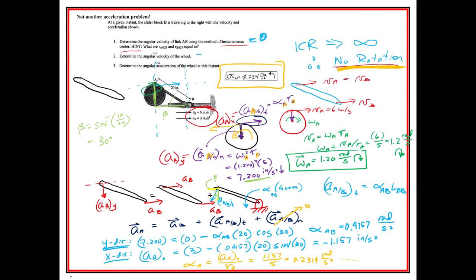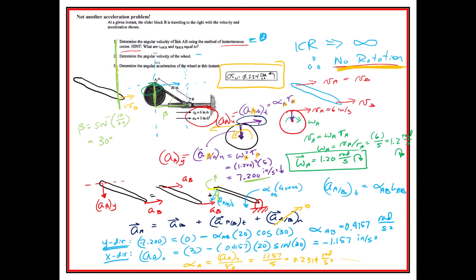We know this direction, right? We have this VB right here. So we can draw a line perpendicular to it if we can get the stupid pen to work. Here's the line that goes perpendicular to that velocity.